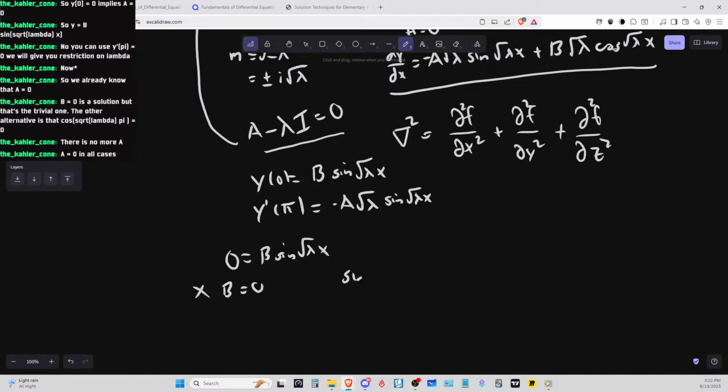And if sine is equal to 0, technically it's already 0 because we have x equal to 0, so that means it's already 0 in that case. A is equal to 0 in all cases.